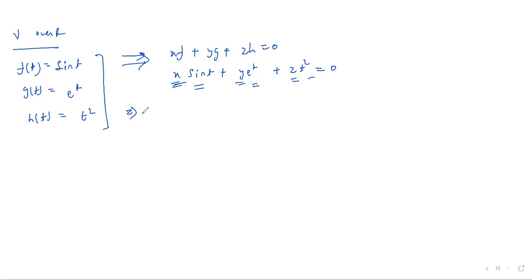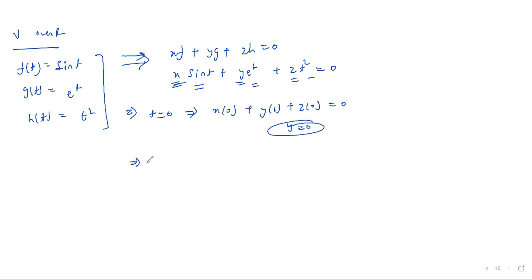Let's say I put the value of t as 0. Then what will the function become? It becomes x sin 0, which is 0, plus y e^0, which is 1, plus z times 0 squared, which is 0, equals 0. So y times 1 equals 0, y equals 0.